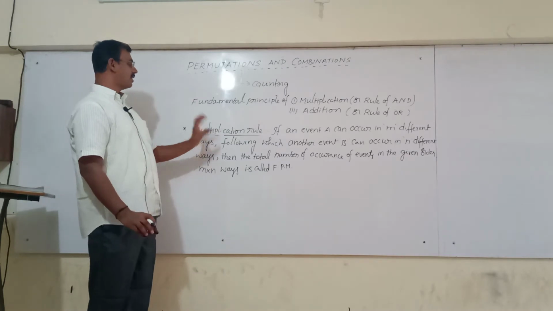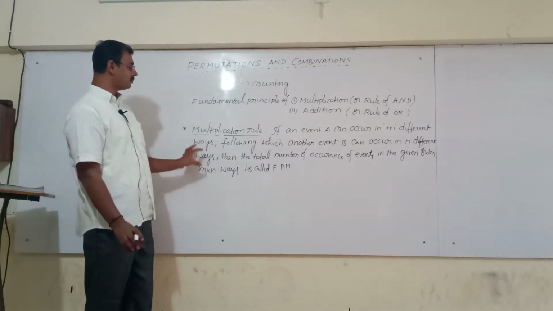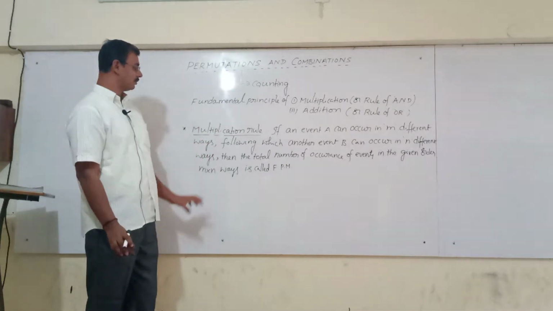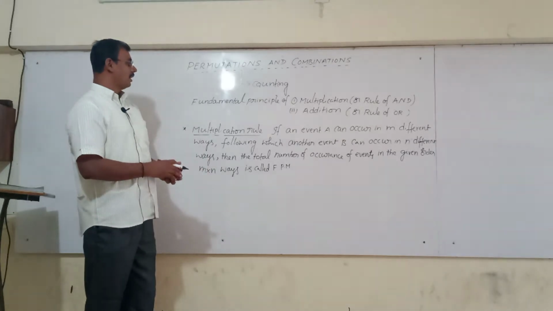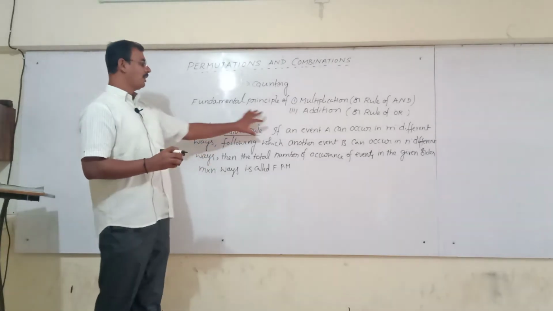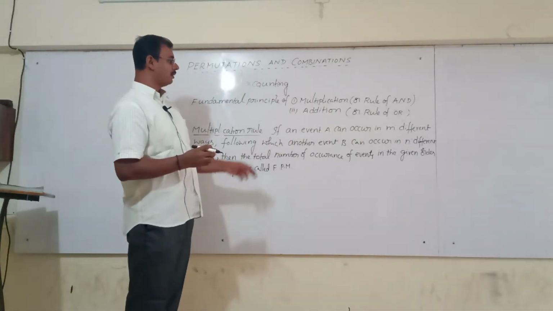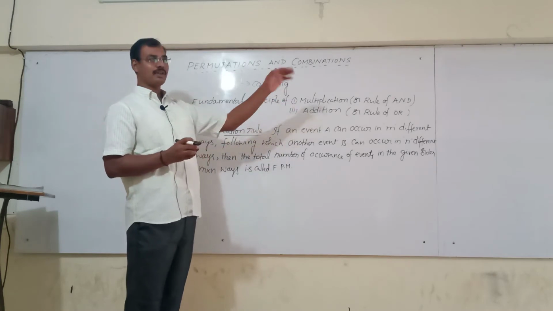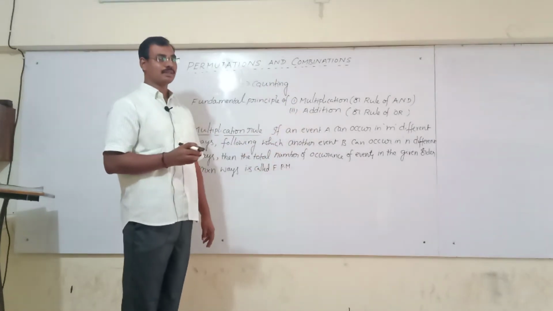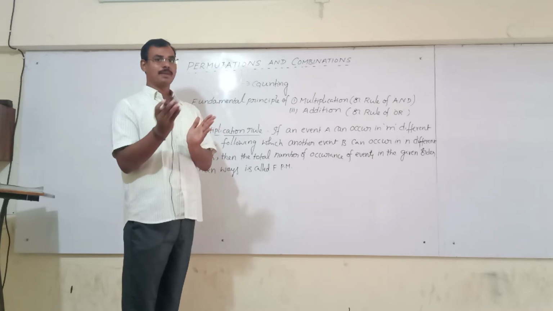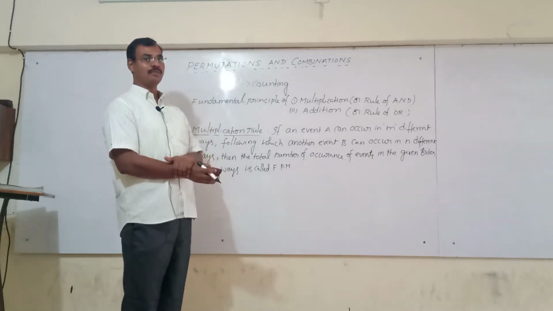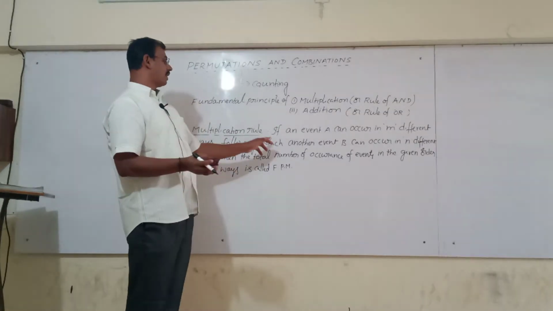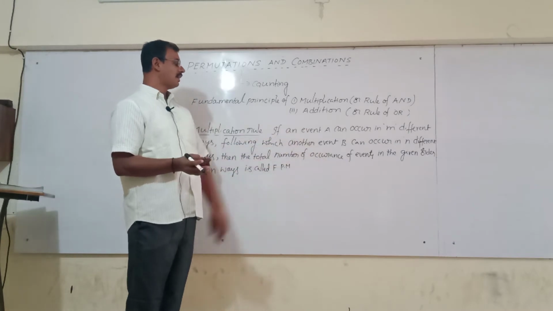Okay? So let us explain this using an example. First of all, how many events are there? Remember, event A occurs first: the first work is completed in m days. The second work is also done in how many days? n days.